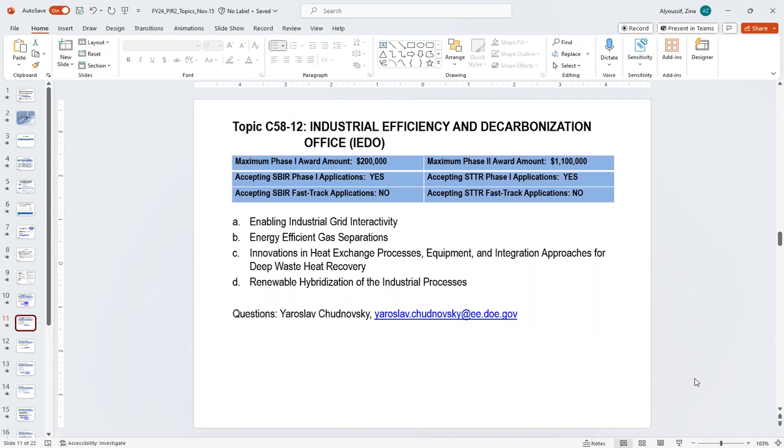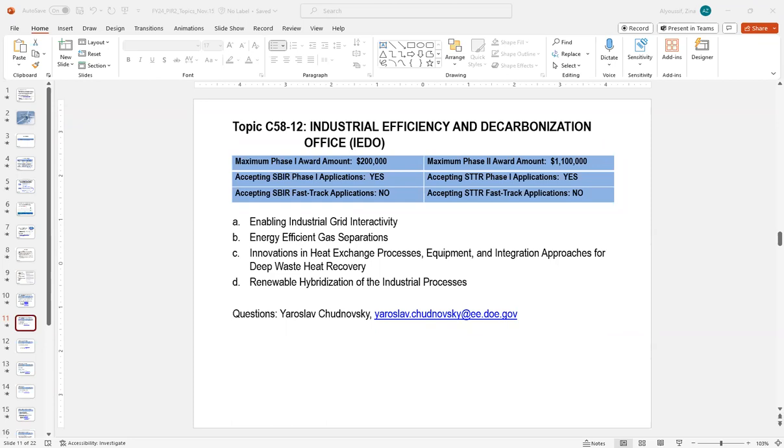It was established last year and leads the development and accelerates the adoption of sustainable technologies that increase efficiency and eliminate industrial greenhouse gas emissions. Topic 58-12 is looking for disruptive industrial innovations, including R&D, small-scale demonstrations, and technology partnerships to drive U.S. industrial decarbonization, productivity, and economic competitiveness.